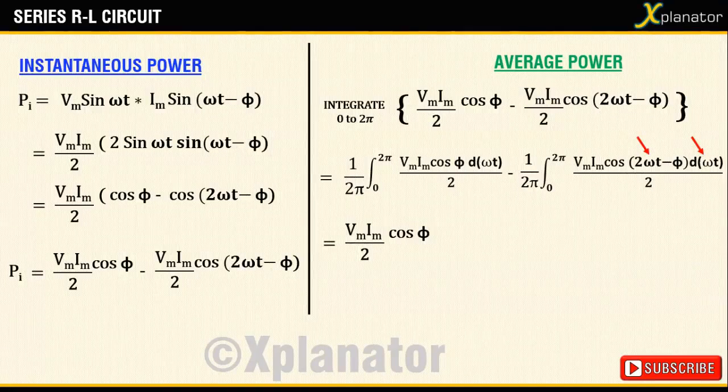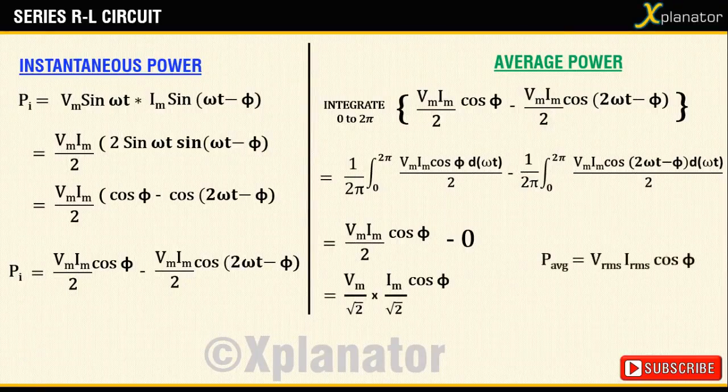So the second part of the equation will return a value 0. The 2 in the denominator may be written as root 2 into root 2. Hence, the equation simplifies to Vm by root 2 into Im by root 2, which can also be written as Vrms into Irms into cos phi.